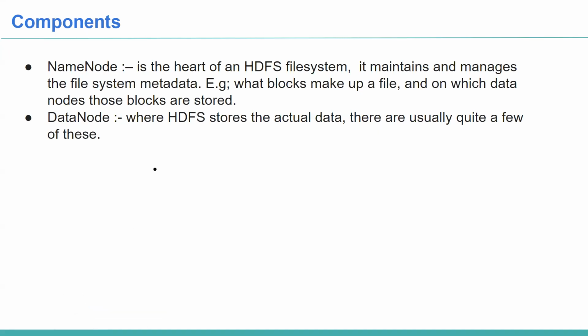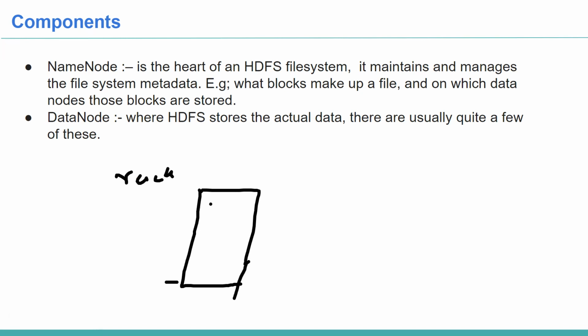One more thing that we have to know about is the concept of a rack. Let's say we have a 10 node cluster. This is node 1, this is node 2, this is node 3, and all of this resides under one rack. So there is a rack which contains multiple data nodes.